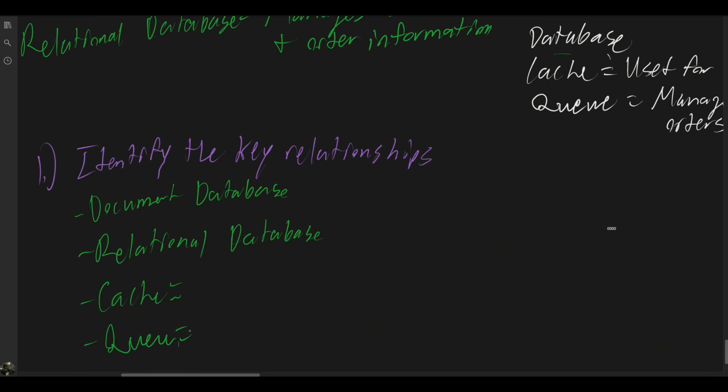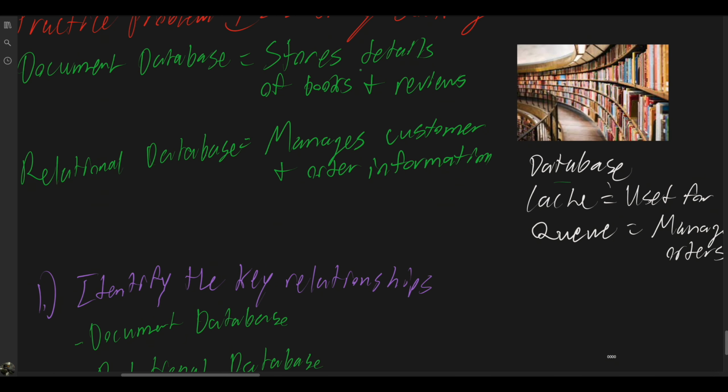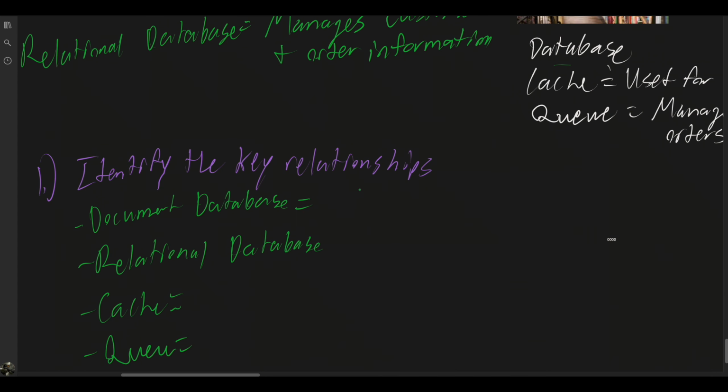And to understand how each of them actually work all together, we need to understand the relationship, since we have two different forms of databases, how are they going to match up? Well, to give the overview, the document database must be queried to retrieve book details, since we already know it stores details of books and reviews. So if it's going to be stored, that means we're going to have to put queries to get book details and reviews.